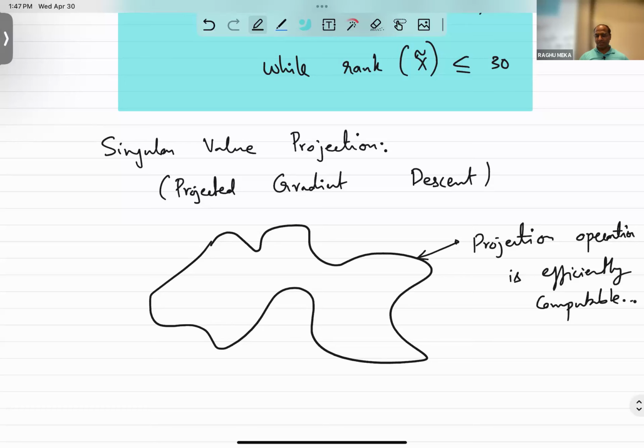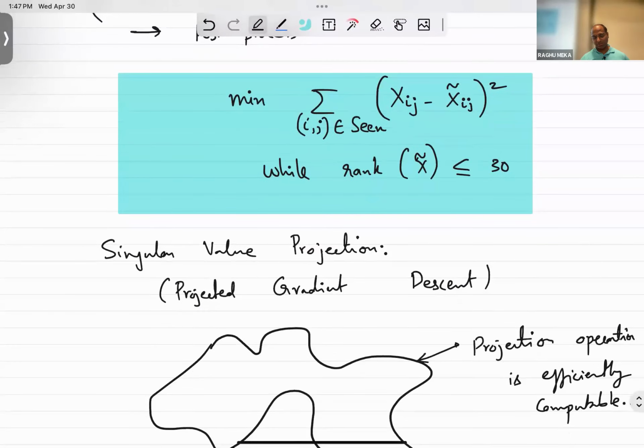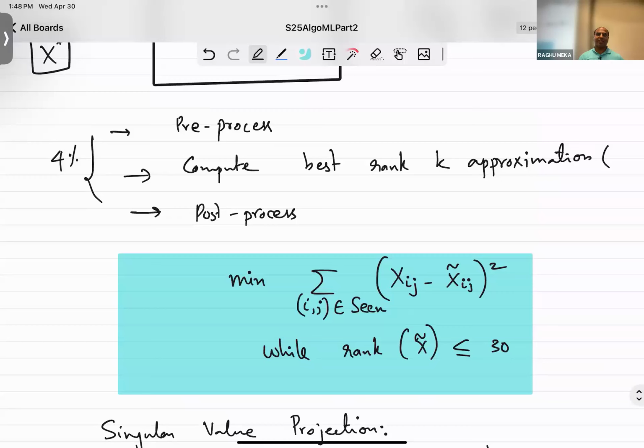Okay. And when we come back, I'll describe this algorithm in full. It's just a few lines. Basically, you compute the gradient. After each iteration, you project back onto the set of rank 30 matrices by doing SVD. Right. That's a different algorithm that takes you to something like 5.5%.